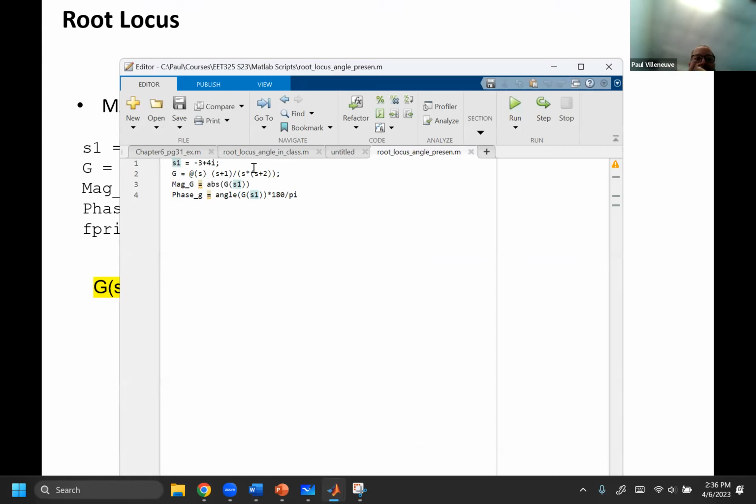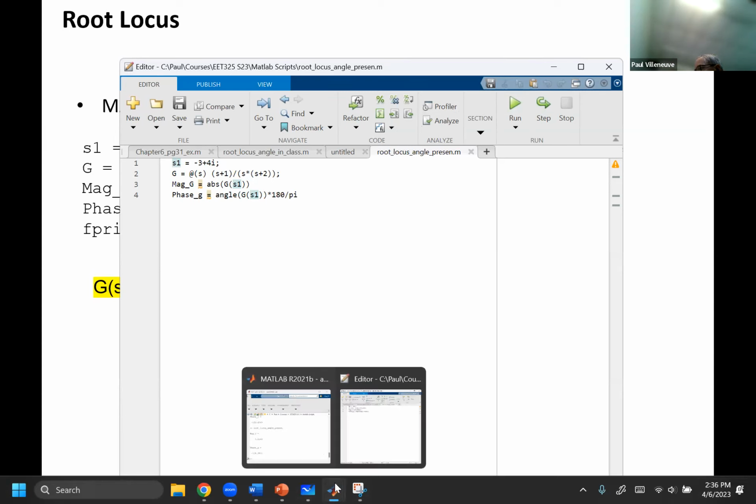I'm still using an inline function, but I just do the phase calculations directly. So that's my root, -3 plus 4i. This is the equation for my transfer function, my g. Then I have my magnitude for g, just the absolute value. And then for the angle, I multiply by 180 over pi. So I'm going to run it.